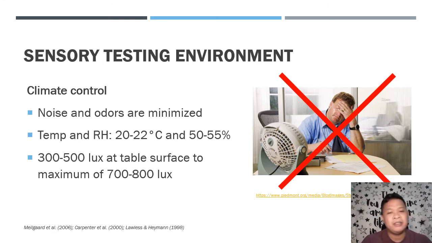For the humidity, too dry, and of course they would feel the dryness in their throat and lips among other things, and too humid and they would sweat profusely even at lower temperatures. Then there are also lighting standards to follow so that it's not too bright that they get blinded and not too dark that they don't actually get to appreciate the food in full.